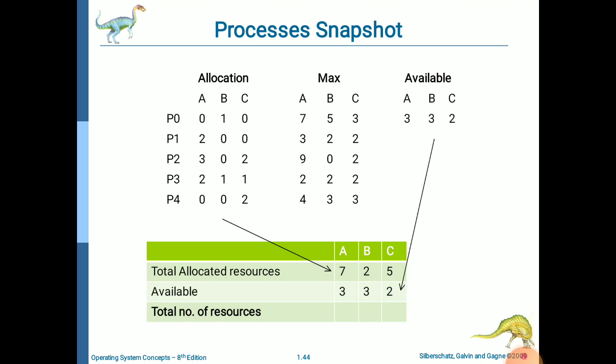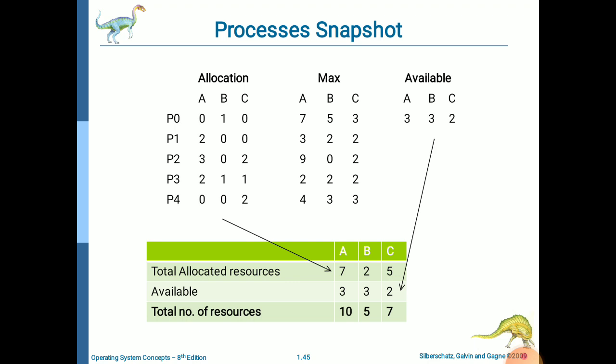Next, the second point to be considered is Available. The available resources of types A, B, C are 3, 3, 2. Then if you sum these two, you get 10, 5, 7. This means the maximum resources of type A is 10, of type B is 5, and of type C is 7.